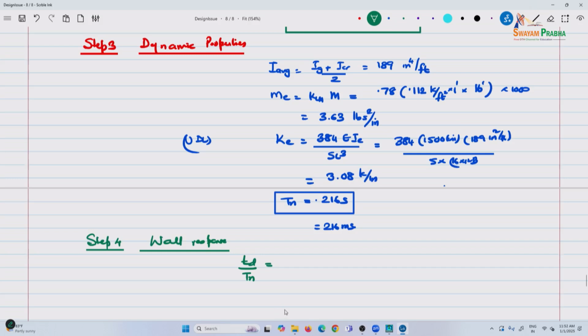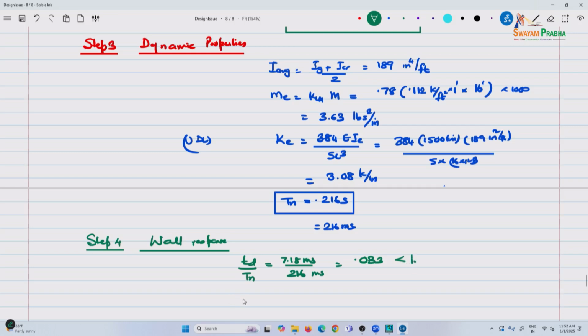So many of these, even if your load duration is under 10 milliseconds, you'll see all of them are tenths of what the natural time period here is. So this is 7.18 divided by 216, which is 0.033, less than 1.